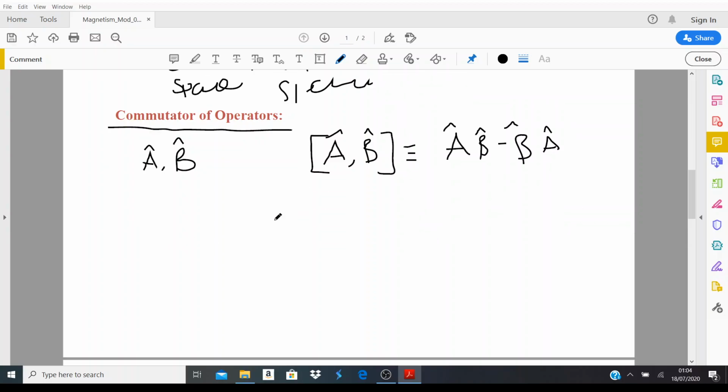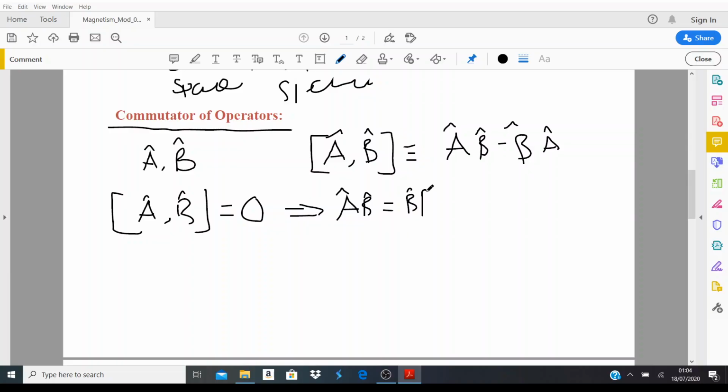Physically, what it means is that if 2 operators are commuting with each other, meaning let's say the commutator of A and B is 0, what it means is that AB minus BA is equal to 0, so AB equals BA. So the order can be changed.